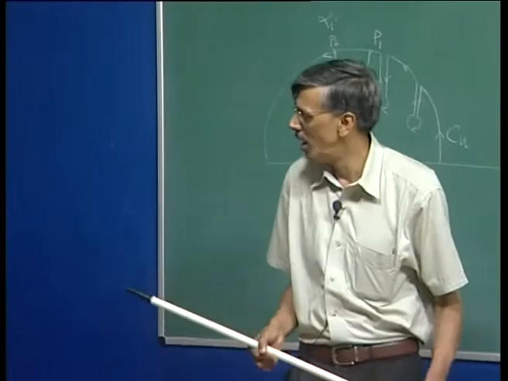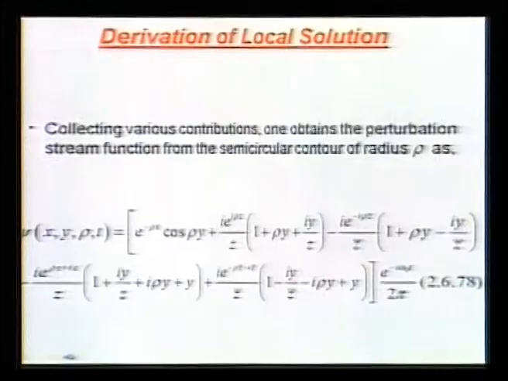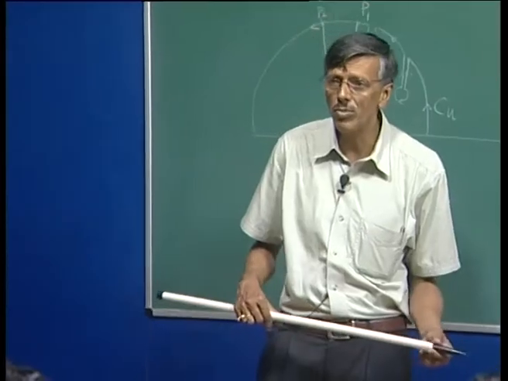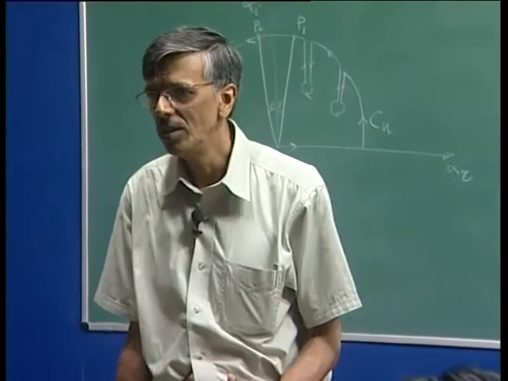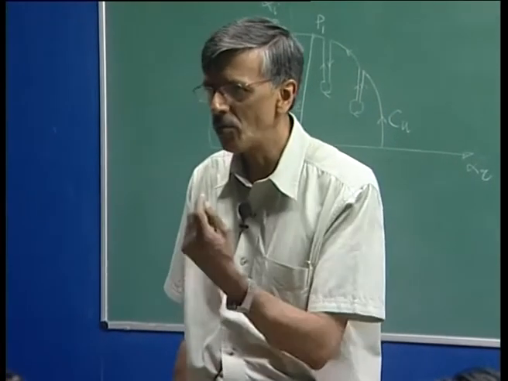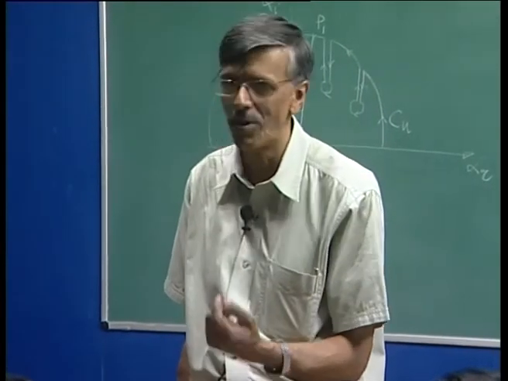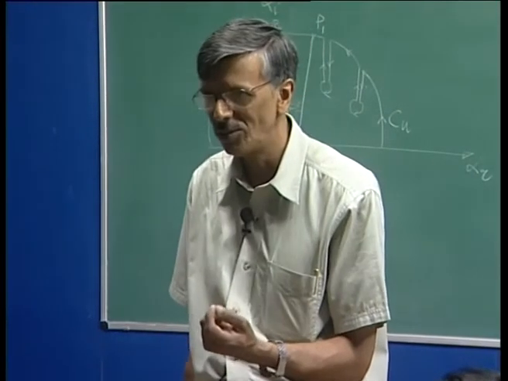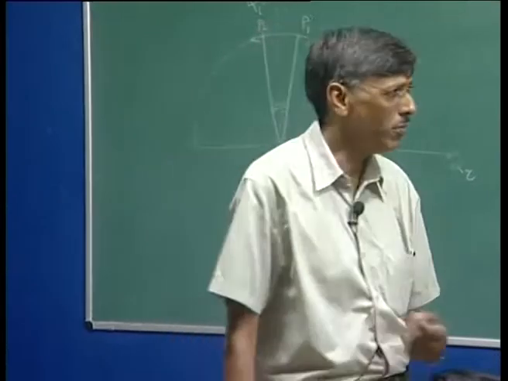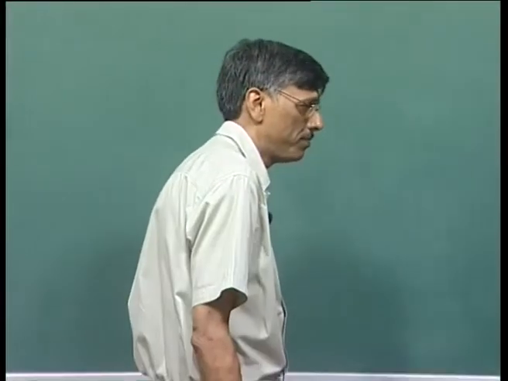However, what we can at least do is try to see what happened to the solution when we go to the point where we are exciting. That is at x equal to 0, y equal to 0. We can do that. So if we do that, what do we get?